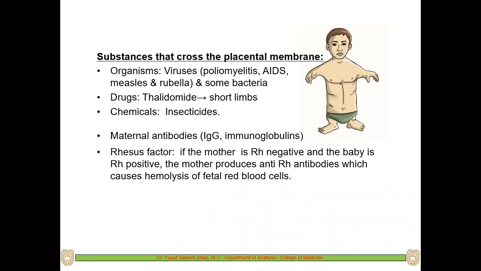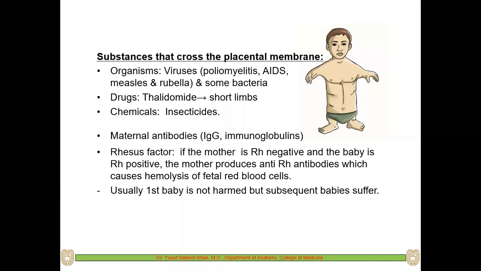This is usually seen where the first baby is untouched, but future babies, the second and third babies, can suffer. So this is also a very important factor. That's why in pregnant ladies, we always check the RH factor, positive or negative, because this can cross the barrier and lead to a lot of damage to the fetus itself.